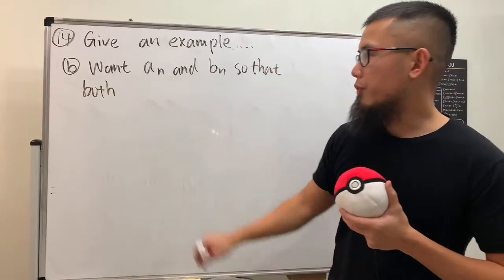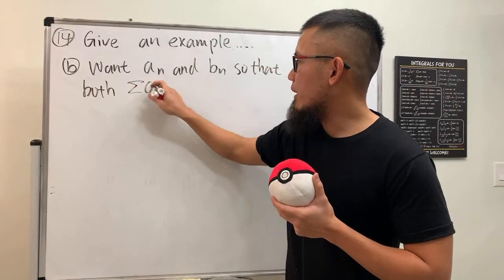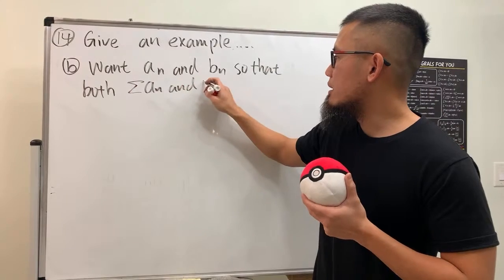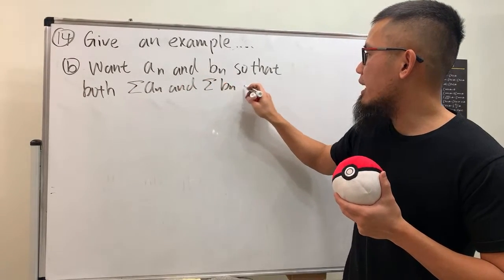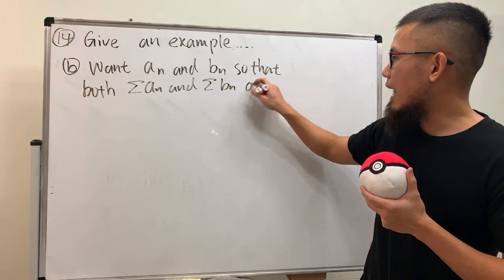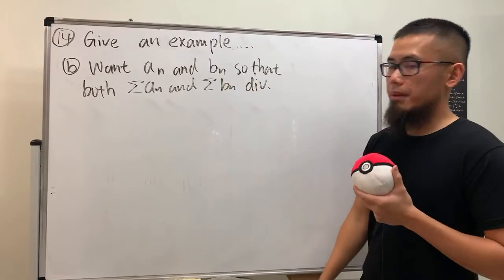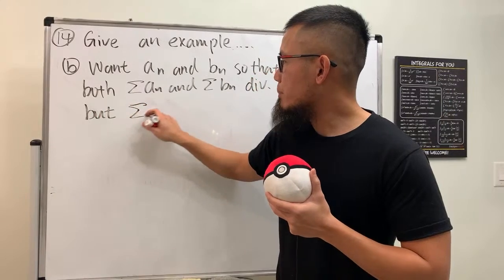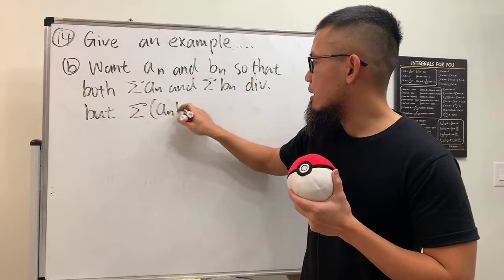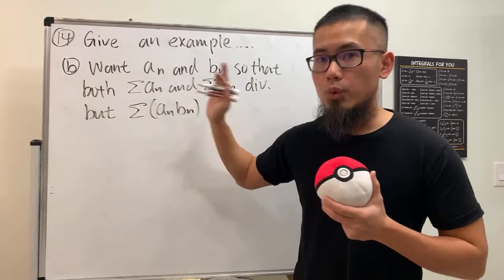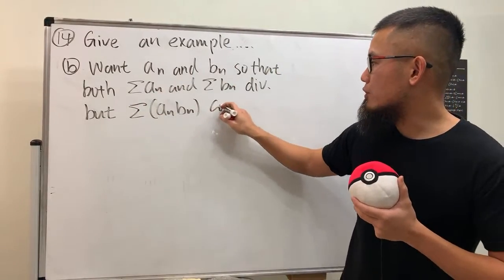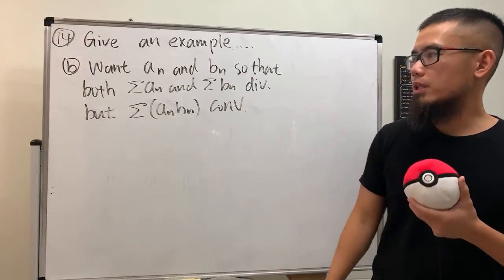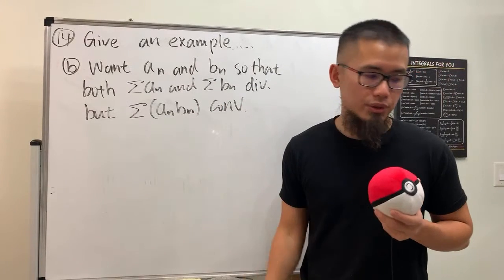We want both the series of a_n and the series of b_n to diverge. But if you multiply them together inside and then do the series, we want this right here to converge.